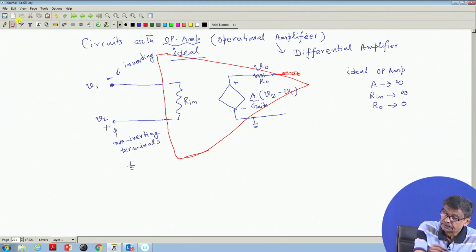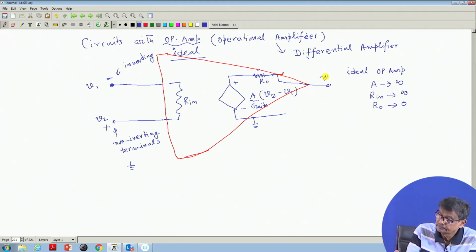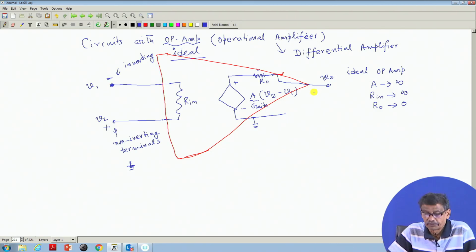If you want to show it like this, the output terminal is this one. And all voltages are measured with respect to the common ground. With respect to this, you apply a signal here, with respect to this, you apply a signal here, and so on. Okay.